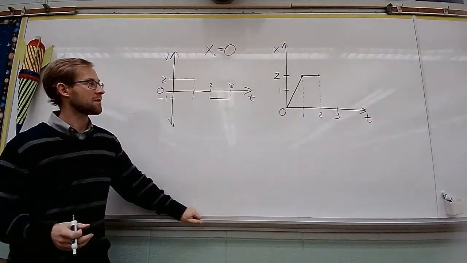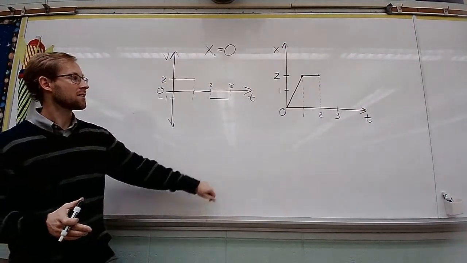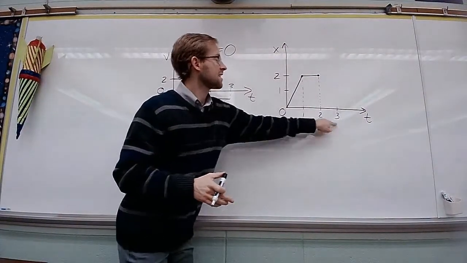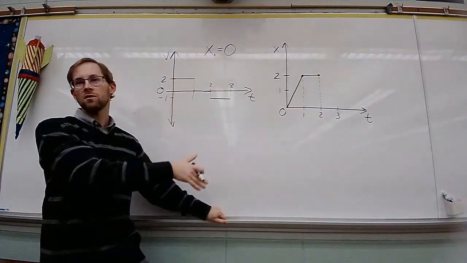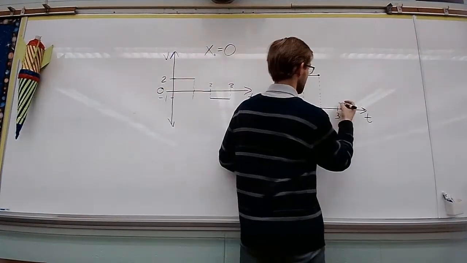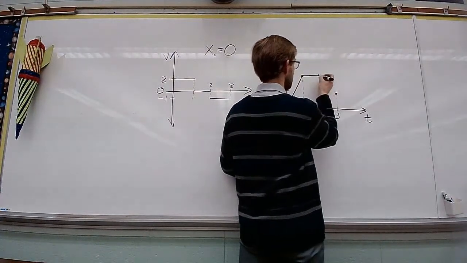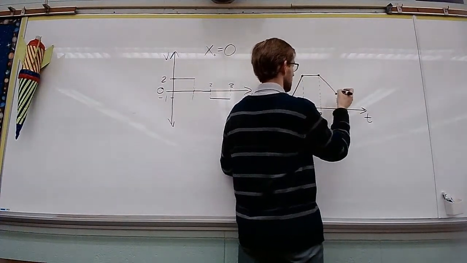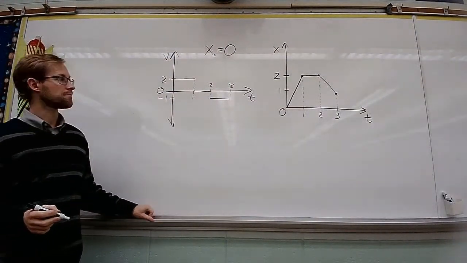So of course that means after this second, we're going to be 1 meter closer to the origin, because negative means you're going back towards the origin. So that's what you would have at 3 seconds there.